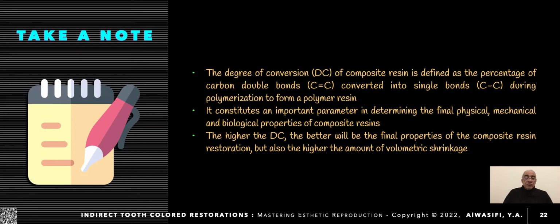The degree of conversion of composite resin is defined as the percentage of carbon double bonds that are converted into single bonds. If you stop your statement at this word, it is the percentage of carbon double bonds that are transformed into carbon single bonds.